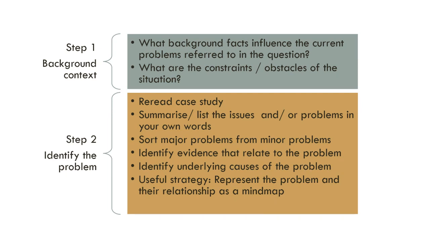After you have all these problems identified, now you go back and you look for evidence that supports each problem. Evidence that relates to the problems that's being addressed. You identify the underlying cause of the problem. It might not be in your case study, but then it will ring a bell, and then you say, oh, I remember this particular problem, socioeconomic problems in housing.